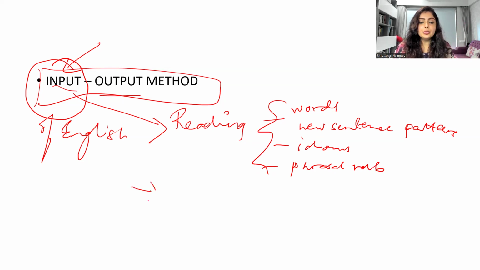Reading is one way, listening is the other way. If you're listening, again, pay attention, listen carefully to the way people are expressing themselves in English. What kind of sentence patterns are they using? What kind of vocabulary? What kind of idiomatic expressions? And try to feed all those inputs in your brain.